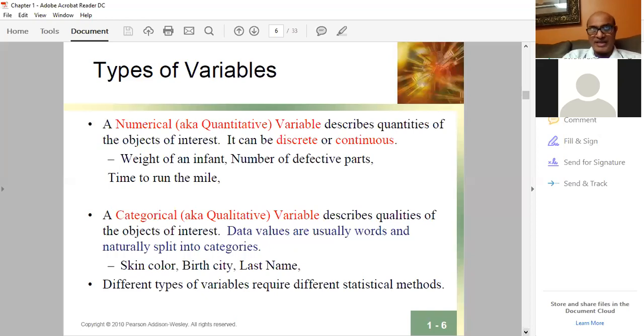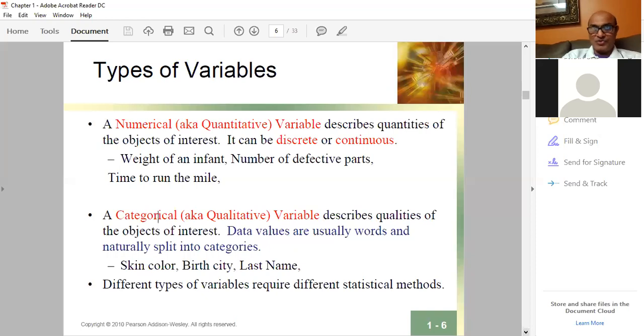And continuous data, I already gave you the example: the weight of all my students in the class, the weight of all the people in one class, say grade 10, grade 12, like this. So these are all continuous data.